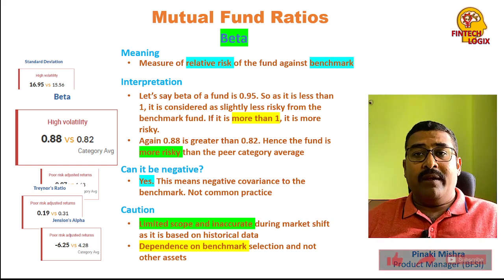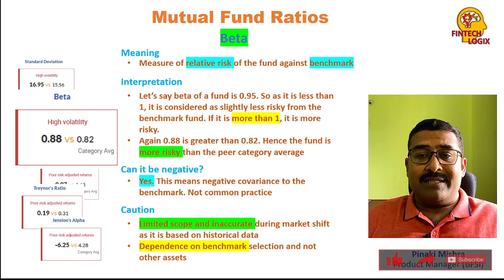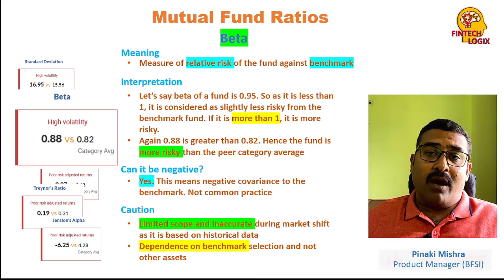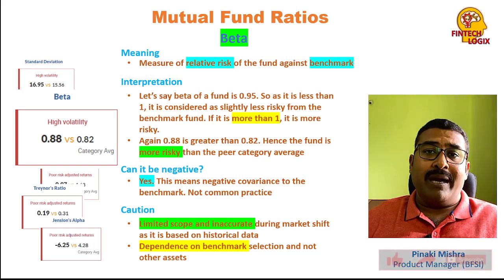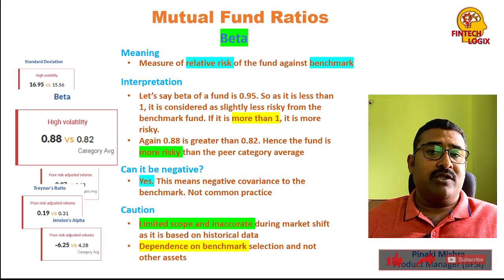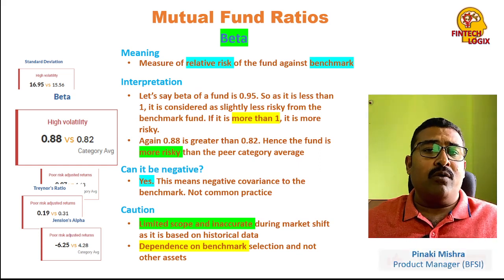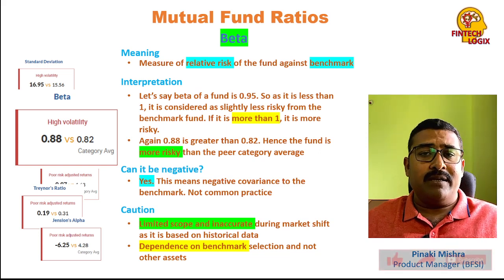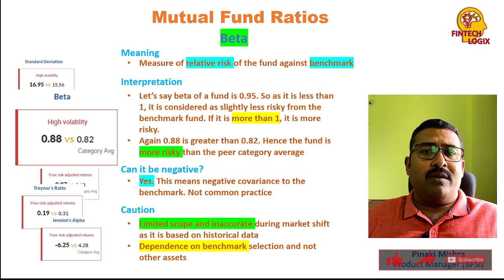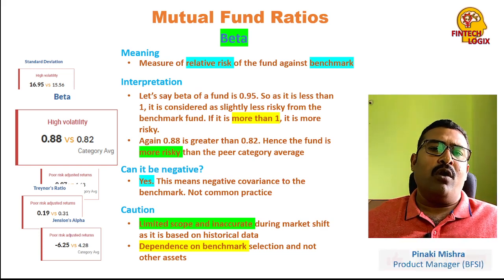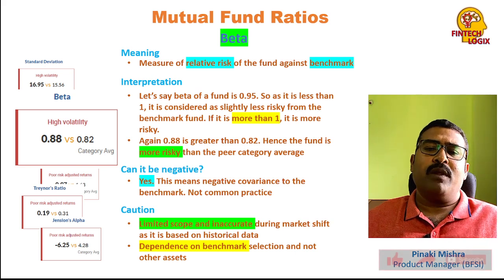If you see continuously for the last 15 days or 1 month a lot of variation, up and down movement in your market, then because this value is based on historical data, it is not able to do justice properly. It will not be that accurate at that point of time. So at those times, please do not use beta for your investment decision making.